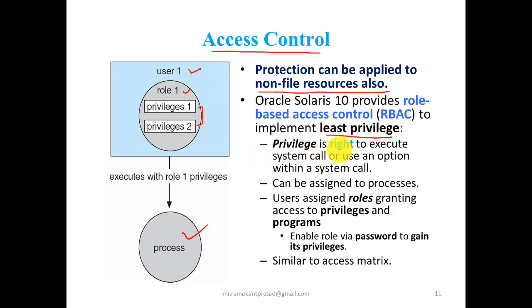The least privilege is the right to execute a system call or use an option within a system call, and can be assigned to processes for various activities by the authorized user. Users are assigned roles granting access to privileges and programs. Roles are enabled via password and login, and its privilege is similar to the access matrix.